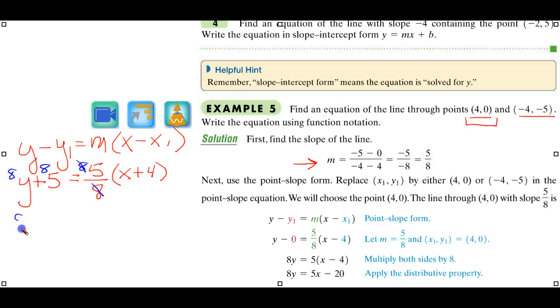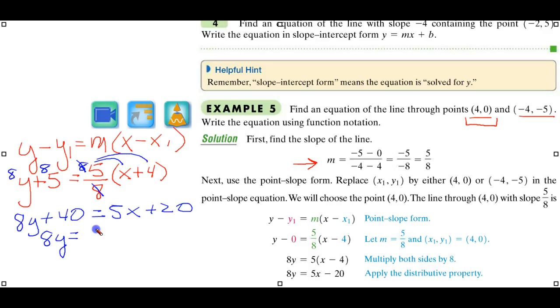And now we get 8y plus 40 equals, now we'll distribute, 5x plus 20. So we then get 8y, and we're going to take our 40, transpose it to this side as a negative 40.